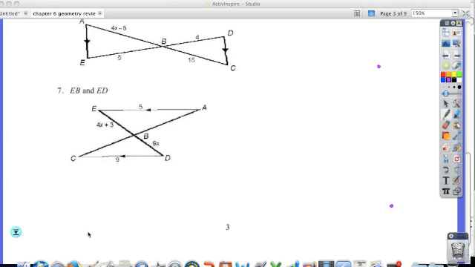Find x and the measures of the indicated parts, EB and ED. So same thing. Vertical angles are congruent, right? Yes. Alternate interior angles are congruent.